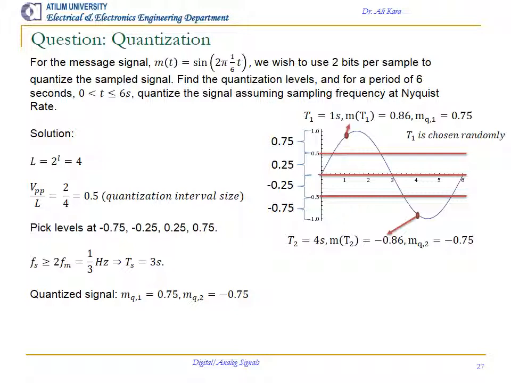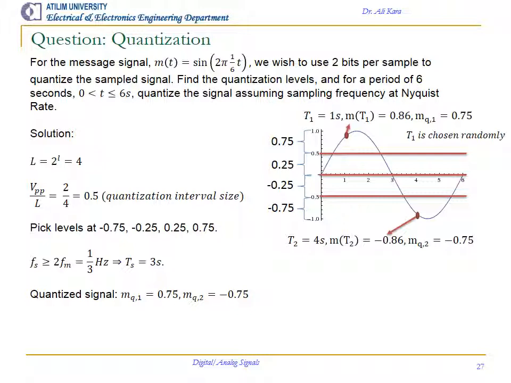Solution: 2 to the power bits per sample is equal to 4 when we use 2 bits per sample for quantization. So, we have 4 quantization levels in our hand. For simplicity, assume we use uniform levels. Pick the levels so that the interval between the minimum and maximum levels of the signal m(t) is separated uniformly.